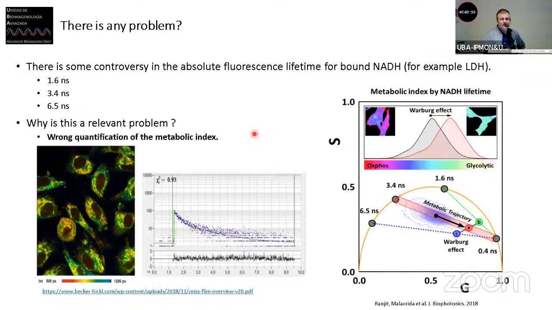But to do this magic, it requires proper conditions for Phasor transformation. And one of the things that we were discussing before is how comparable time domain and frequency domain are. Well, you can use average lifetime, but average lifetime doesn't tell you more about the free and bound.